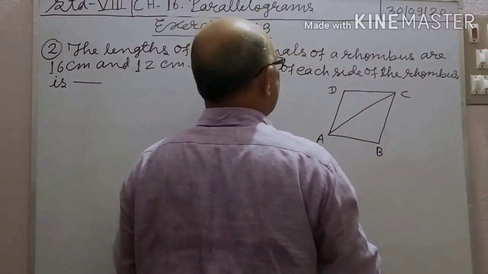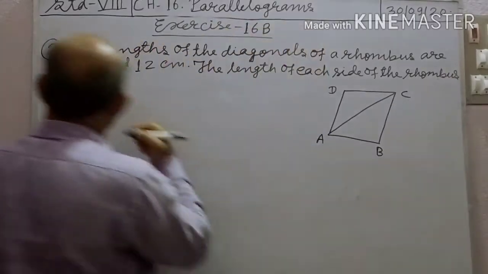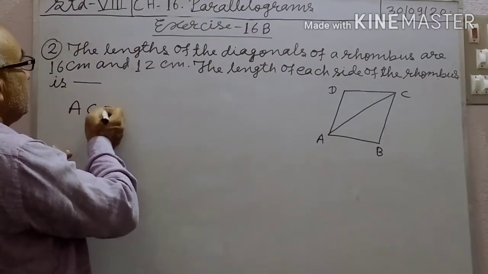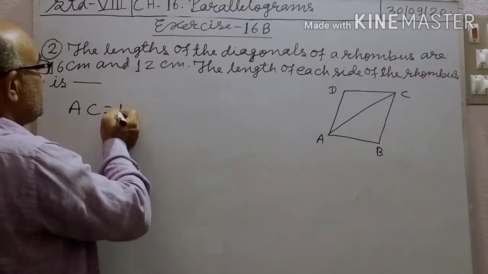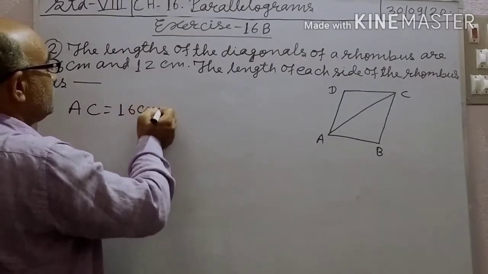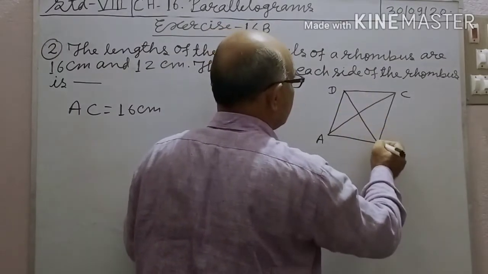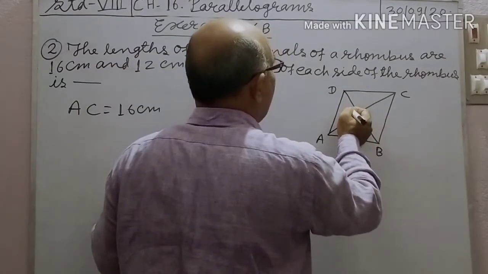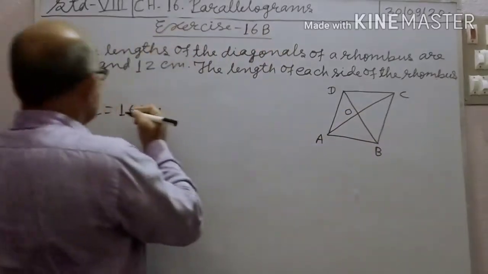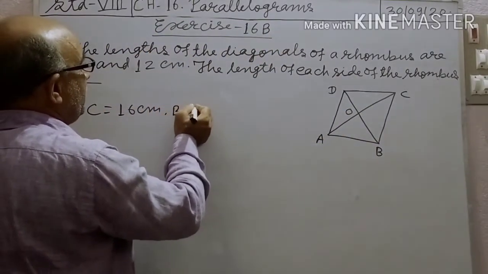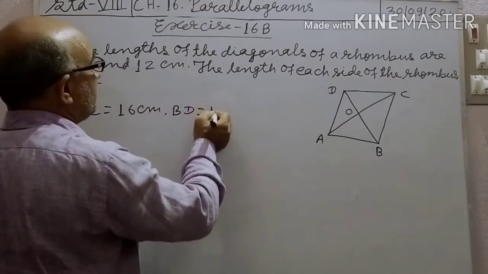One diagonal, the longest diagonal, AC is given: AC equal to 16 cm. The second diagonal is BD, intersecting at O. So the second diagonal BD equal to 12 cm.